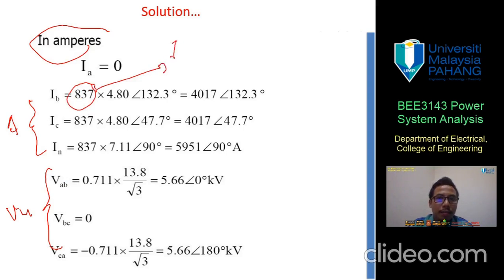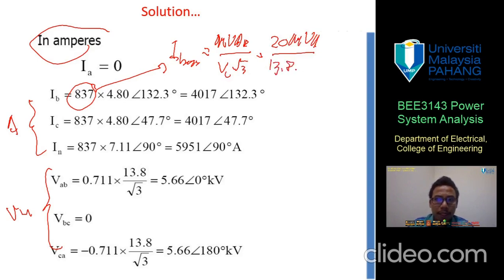I base equals MVA over root 3 times VL. Here it is 20 MVA, and the base voltage is 13.8 kV, with root 3. So we get around 836.7, so it's okay to just take the value of 837 amps.